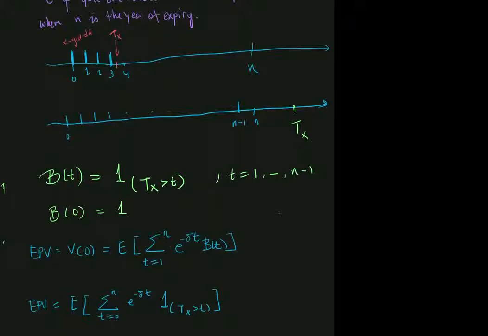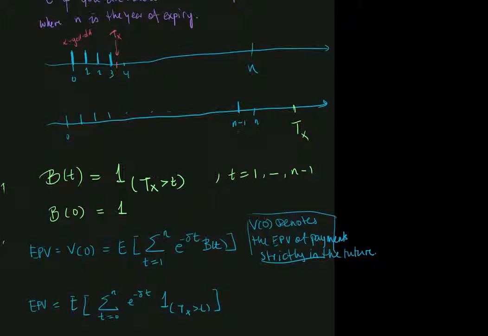However, the notation V of 0 denotes the expected present value of payments strictly in the future, which means if we're looking at discrete time and we're standing at time 0, then V of 0 only takes into account the payments that occur from time 1 and forward.